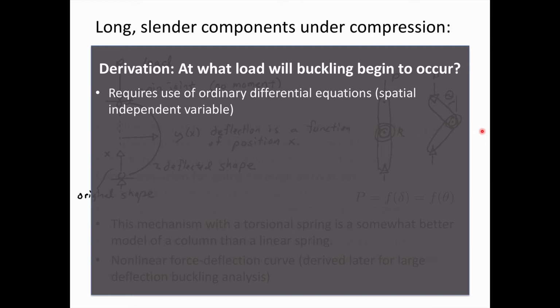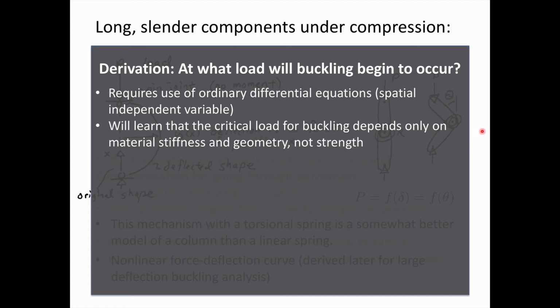So in the drawing earlier, x is the independent variable. It tells us where on the column we are. And then the dependent variable that we're solving for is y. Y is a function of x. So how much has the column deflected as a function of position along the x-axis.